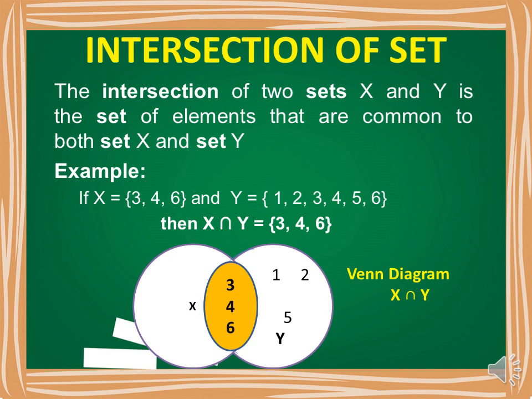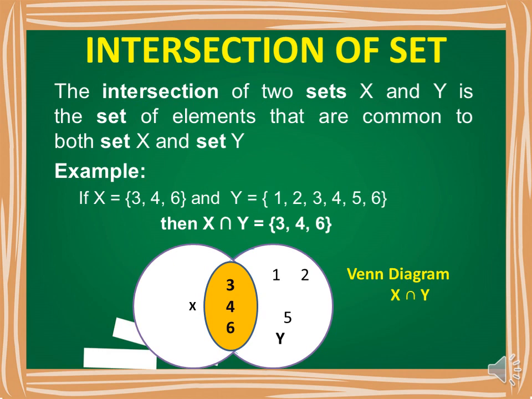When we are asked to draw the Venn diagram, it looks like this. As you can see, 3, 4, and 6 are in between the two circles, in which the first circle is for set X and the second circle is for set Y. I think that's clear.